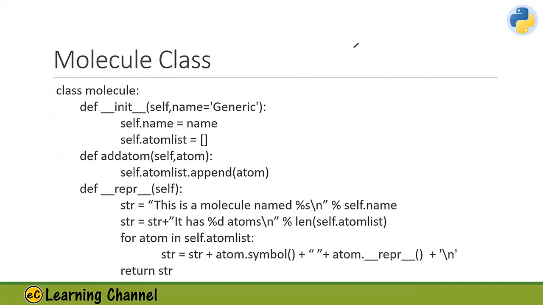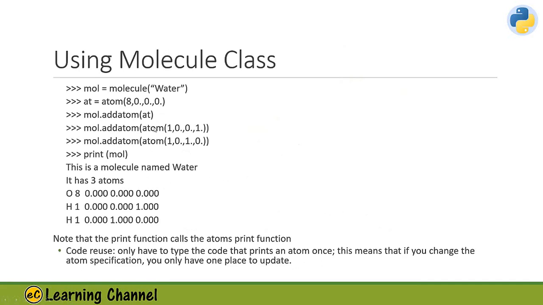Okay, and you can print the molecule as well. So you can create a molecule with the name water, atom number 8, okay? And XYZ, you get 0, 0, 0, okay? You create that, okay? 3 atoms. So you add 3 atoms.